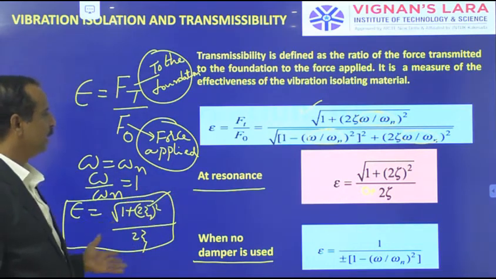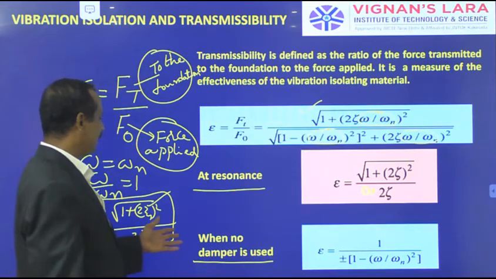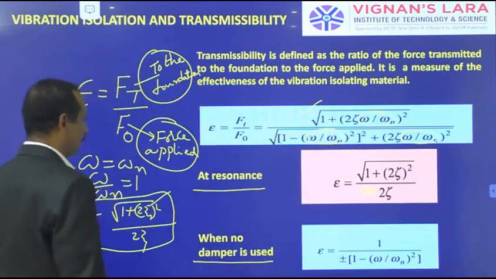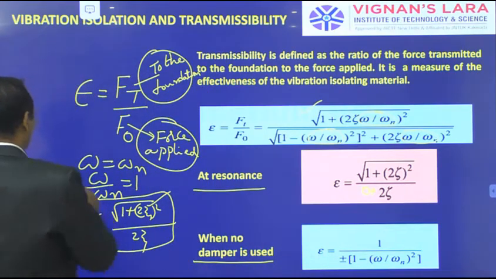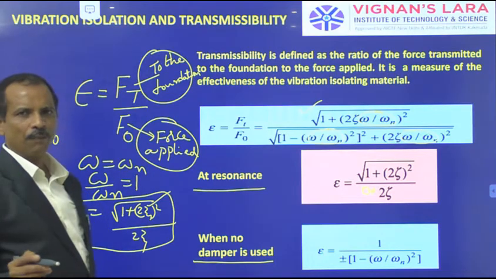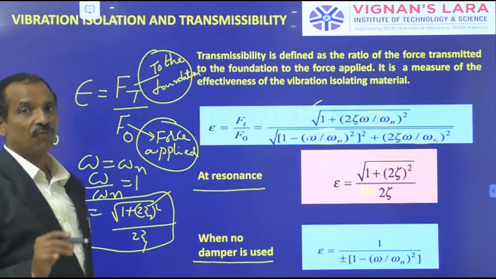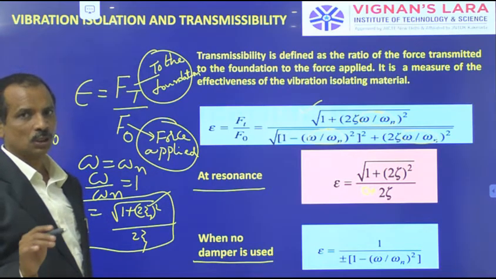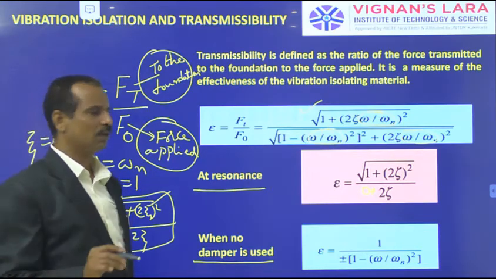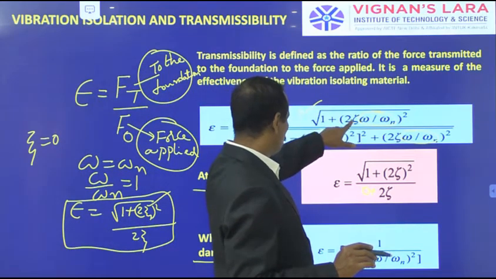Of course, we will see a graphical representation of the same. Then the second one, when you don't use a damper. If you don't use a damper, then zeta is equal to 0. There is no damper, so it is simply a forced undamped vibration. In that case, you write zeta as 0.